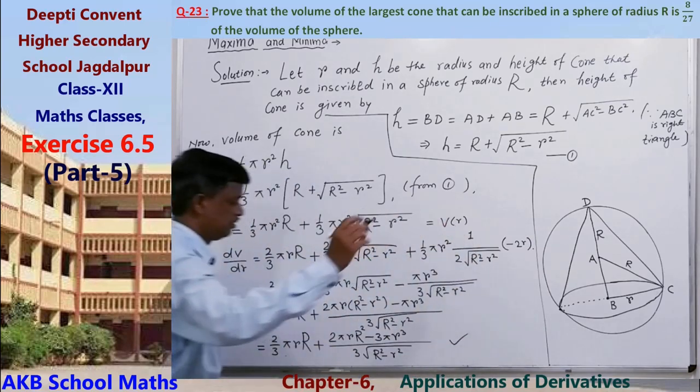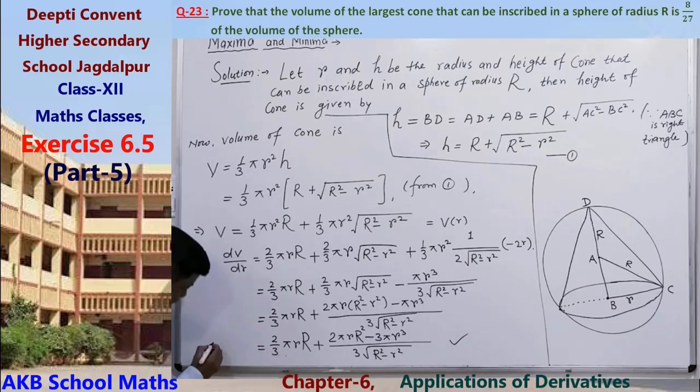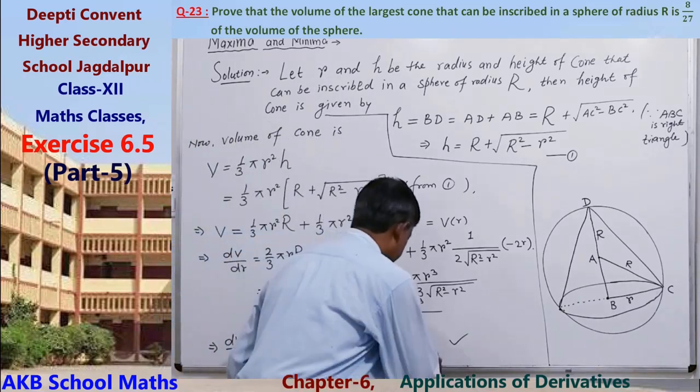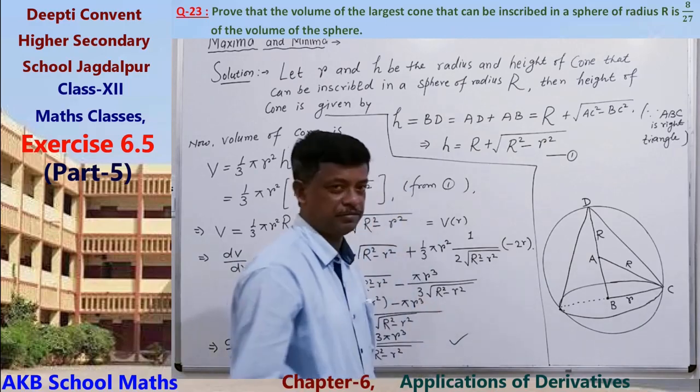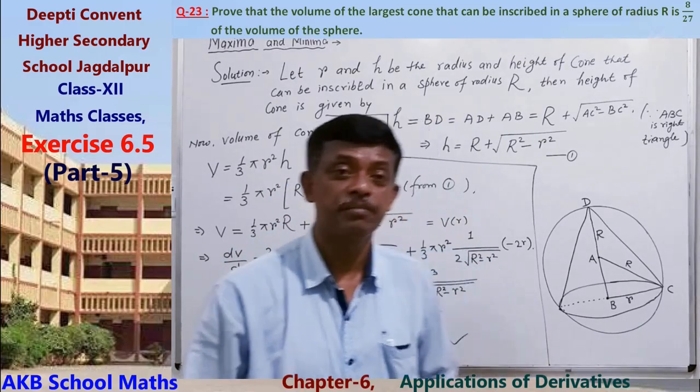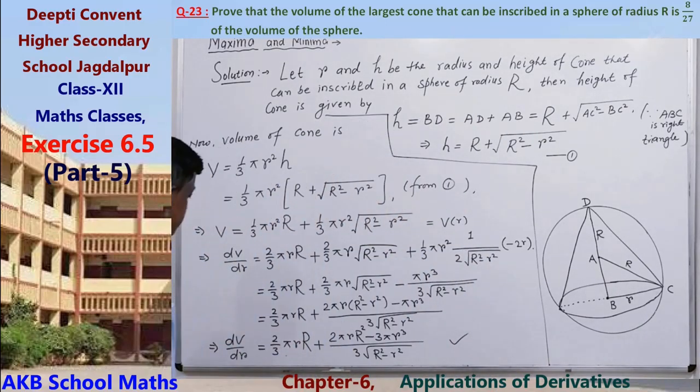This is the first derivative, that is dV upon dr. Clear? First derivative. Now we also require the second derivative for testing whether it is a maximum or minimum. So this is the first derivative. Clear? Note down this important question. So dV by dr.